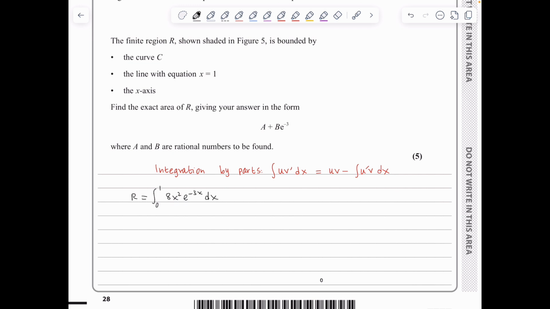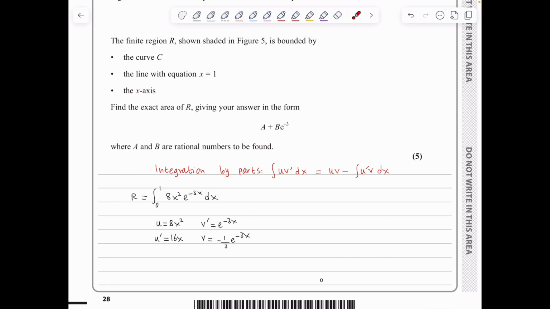So my u is gonna be the 8x squared, and my v dash is gonna be the e to the -3x. This means that u dash is 16x, and v, I will simply integrate e to the -3x, giving an answer of -1/3 e to the -3x.